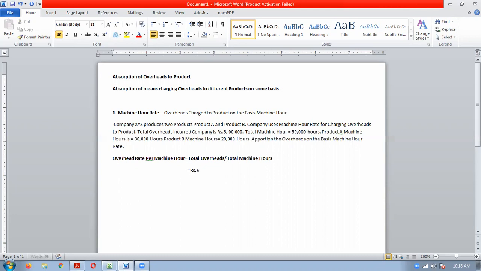That is rupees 5 lakhs divided by 50,000 hours. So how much it will be? Per hour overhead will be 5 lakh divided by 50,000. So it will be 10 per hour. Clear? Yeah. So now we have got that overhead is 10 per machine hour.